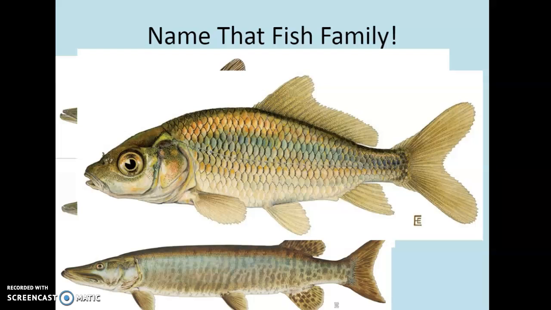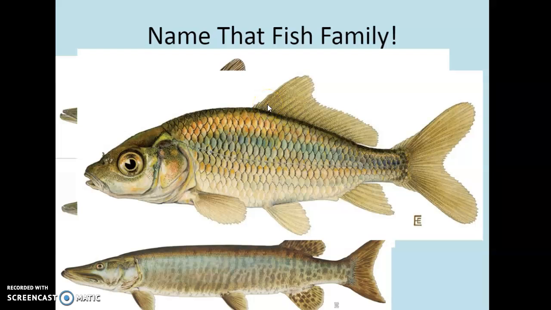You might recognize this as a carp. And what you'll notice about the carp and other minnows is that their dorsal fin typically doesn't have that really spiny section and then a softer section.